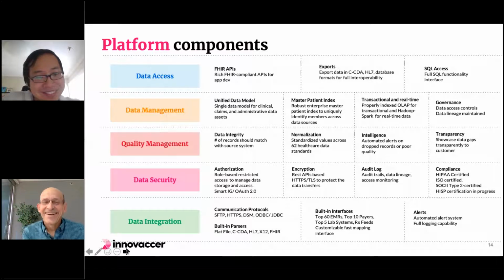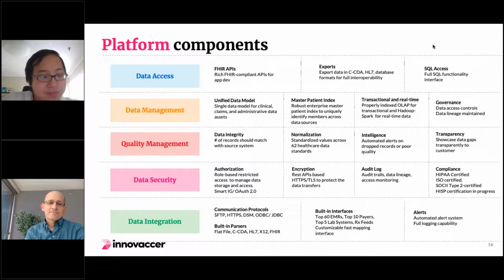But I think you go top down, data access. As we've mentioned, we have a number of legacy environments out there today. They're not sending things out in FHIR compliant APIs right now today. So certainly you need the environment, and that's what that first little block is, to take those. This is going to be a journey, just like the implementation of the EMRs took a very long time, probably over a decade.